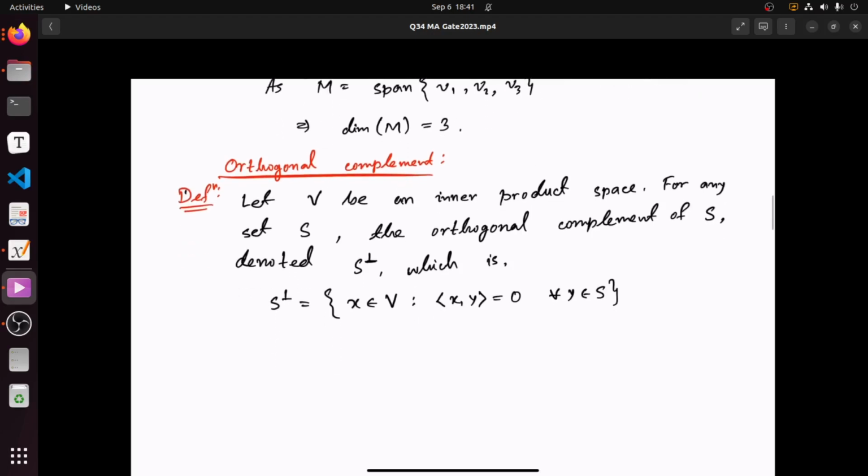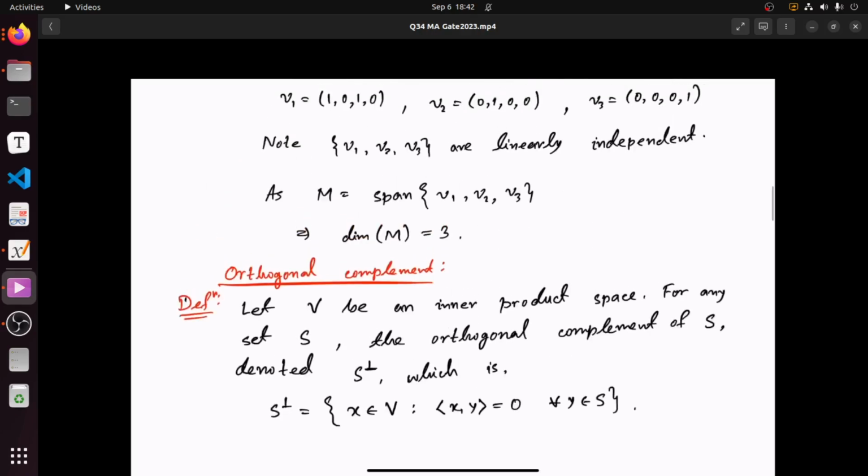One can easily check that S perp is always a vector subspace of V, whether S is a subspace of V or not. This is one important observation about S perp.